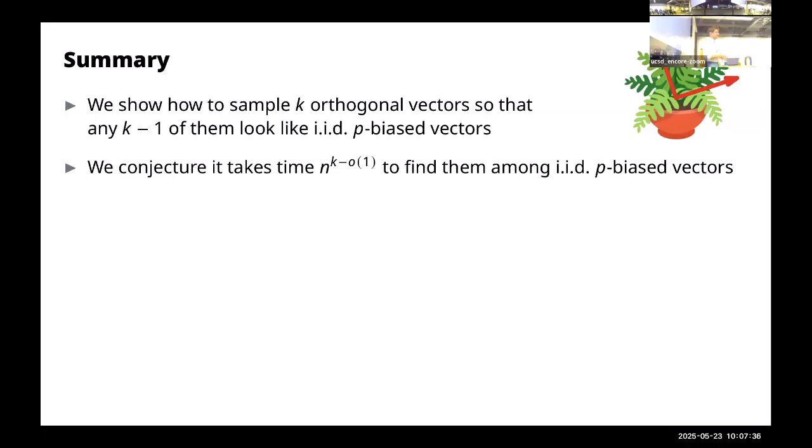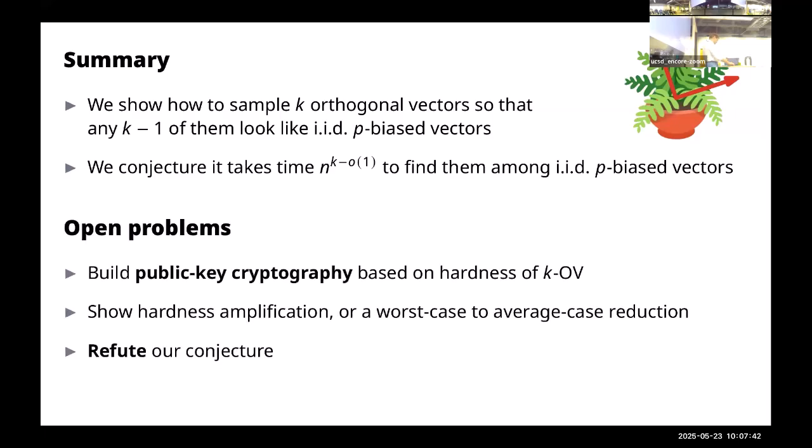And this is really just the beginning. There's a ton of open problems or natural questions that you may have. Let me list some. First, the motivation for doing this is to make asymmetric fine-grained crypto with a bigger than quadratic gap, to get more problems to work with.